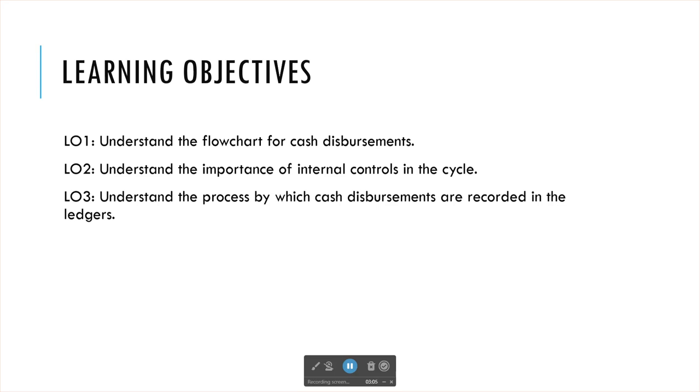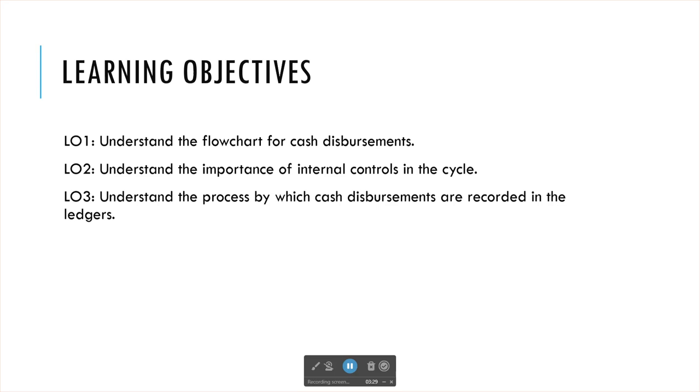We have internal controls in this cycle. And when we're talking about segregation of duties, we're talking about separate segregation of duties on pages 22 and 23. So there's no overlapping there. It's separate people, separate roles in the creation of a liability and in the disbursement.